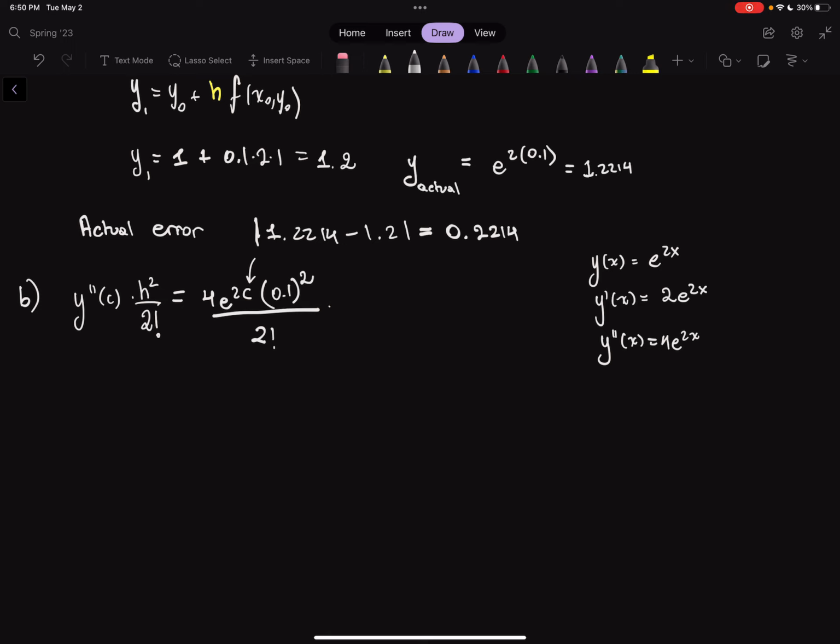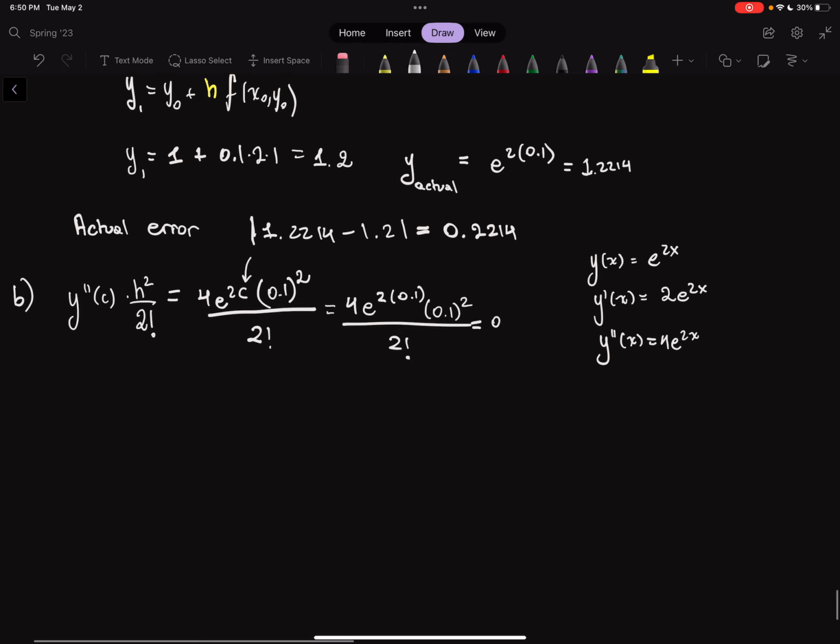So we'll put 0.1 in there. So we get 4e to the 2 times 0.1 times 0.1 squared divided by 2 factorial. And what we get is 0.0244.